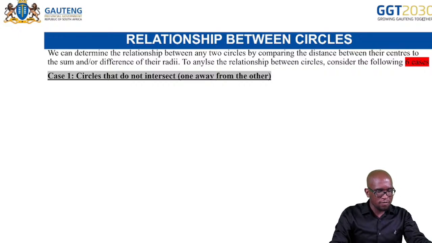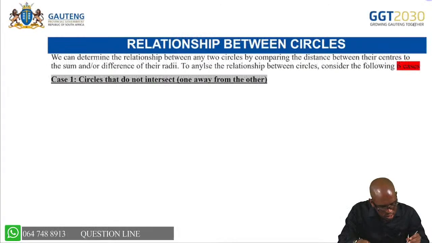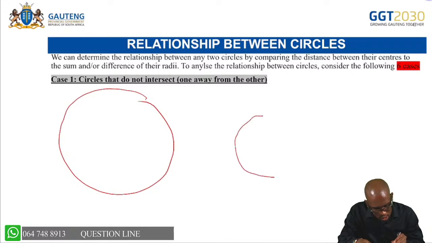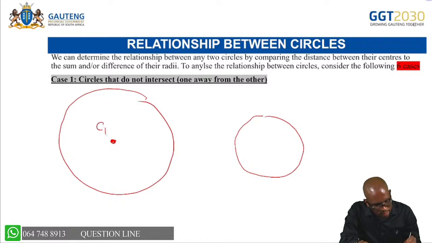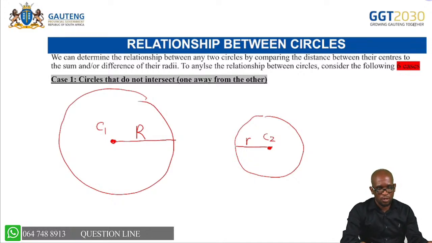Case 1, I have circles that do not intersect, one away from the other. So I'll draw those circles. The center of the bigger circle, I call that C1. The center of the smaller circle, I call that C2. The radius of the bigger circle, I'll call that capital R. The radius of the smaller circle, call that small letter r.